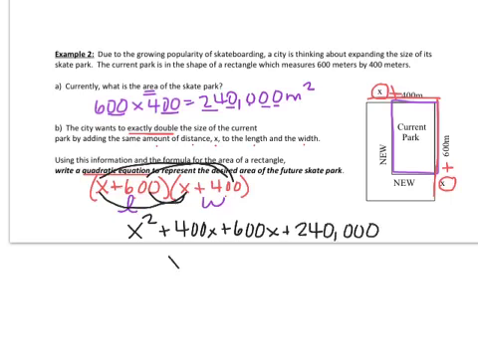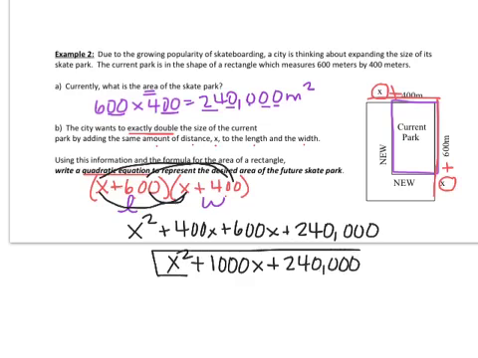Okay, so our final equation is going to be x squared plus 1,000x plus 240,000. And so whatever they get for x, or whatever amount they decide to add on, they could substitute that in to find out their new area of the skate park. Again, if you had any questions throughout this set of notes or throughout this video, please make sure you ask when you get to class.